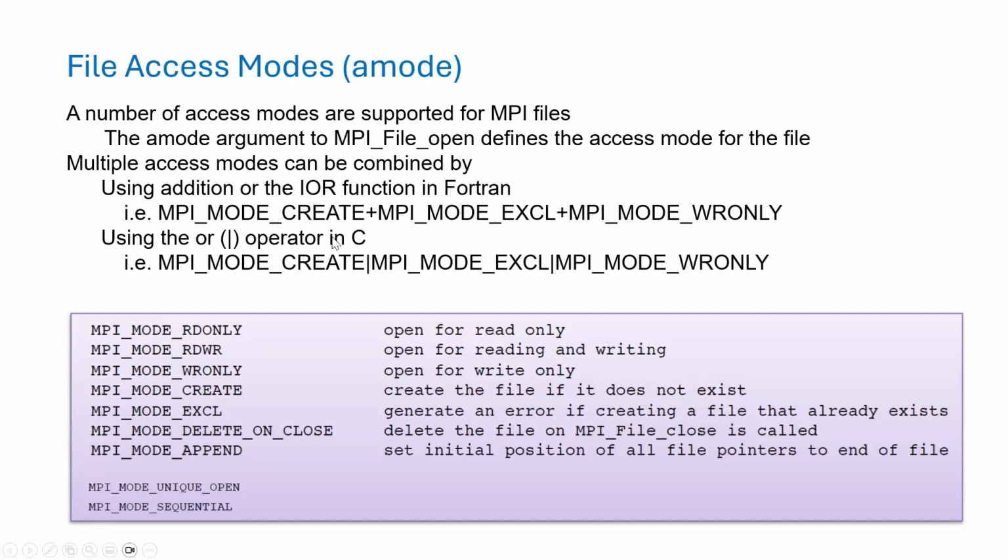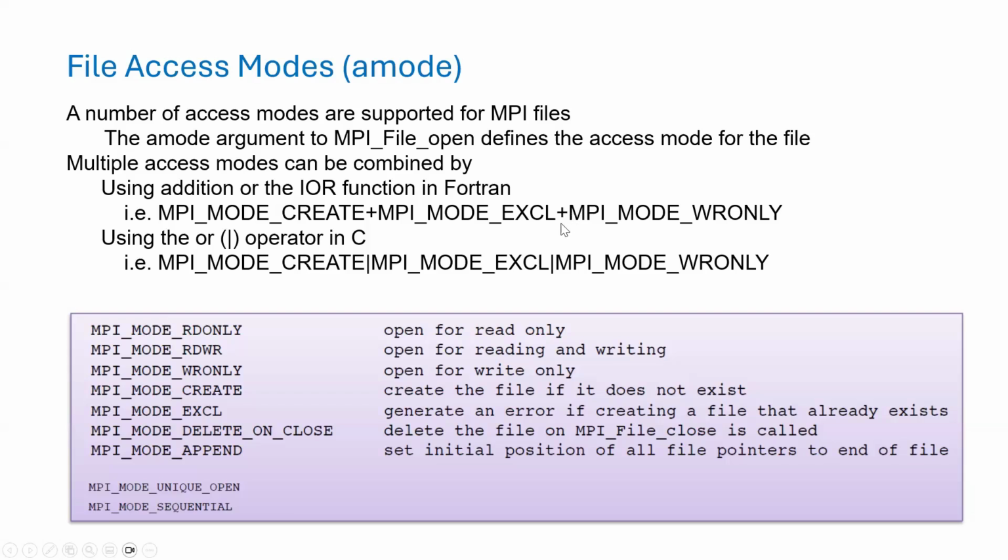For example, in Fortran's case, you can use addition or you can use the IOR function. In this case, you want to create a new file, and what does that EXCL mean? EXCL means generate an error if the created file already exists, right?